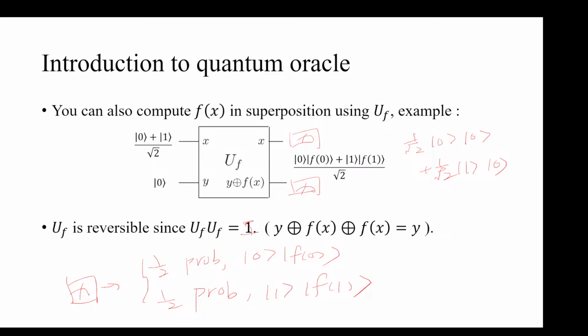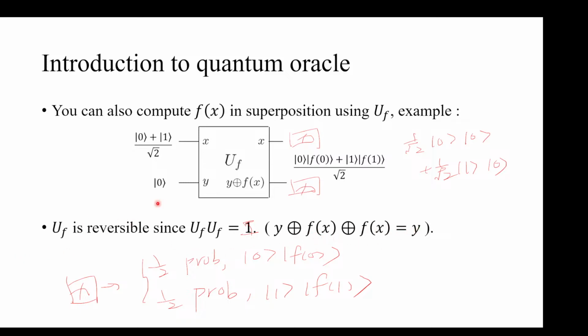Applying U_f twice on x and y, obviously the x register stays x, but the y register gets f of x added twice. y adds f of x and then adds another f of x, and because everything is binary, f of x times 2 is just 0, because 2 is 0 in binary. So this is y.